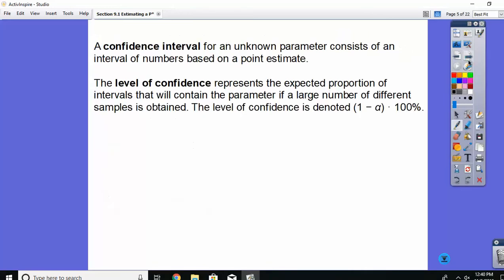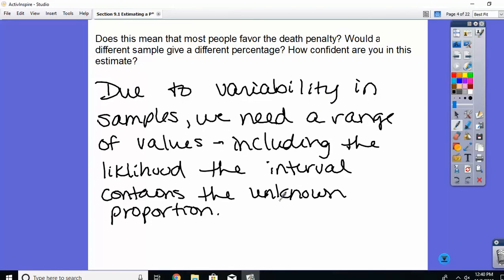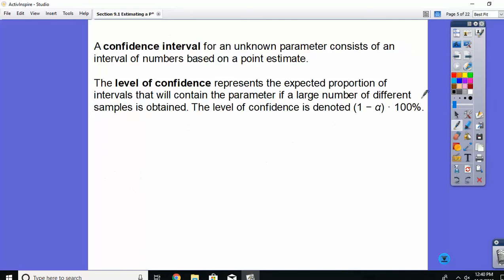So that leads us into our next two definitions. We are talking about a confidence interval and a level of confidence. So a confidence interval consists of an interval of numbers based on a point estimate, so based on like that p-hat value.